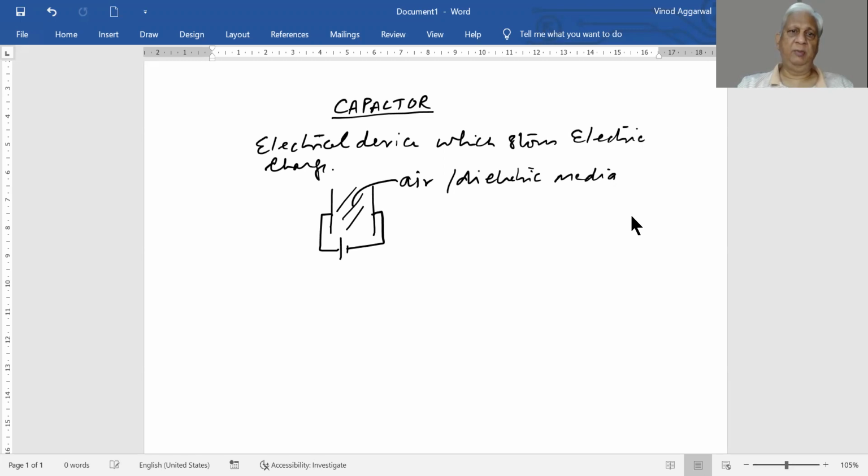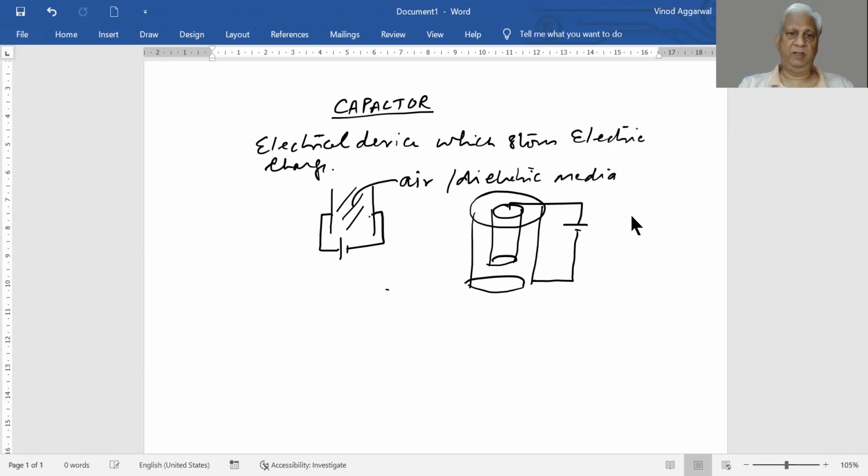The capacitor need not be a parallel plate. It could be of any shape. It could be cylindrical, a cylinder in a cylinder. We will connect this with positive.